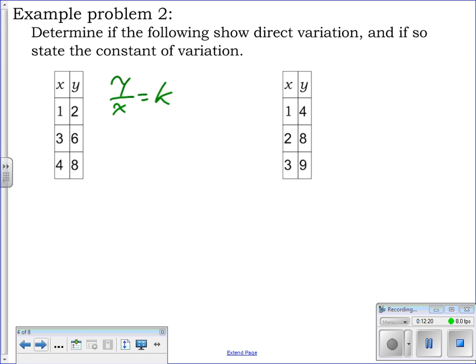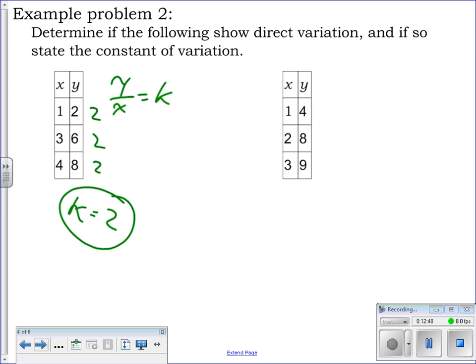When I take y divided by x, I get the same number every time. 2 divided by 1 is 2. 6 divided by 3 is 2. Is it direct variation? I don't know. Got to check them all. 8 divided by 4 is 2. Yes, it is, and my constant of variation is 2. You have to check all of them.